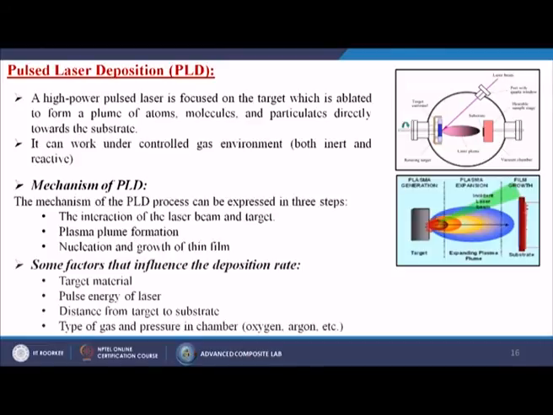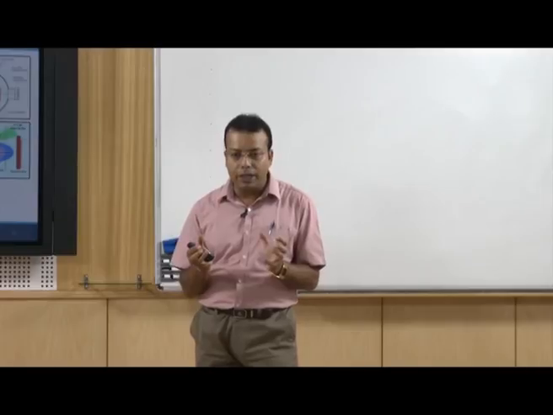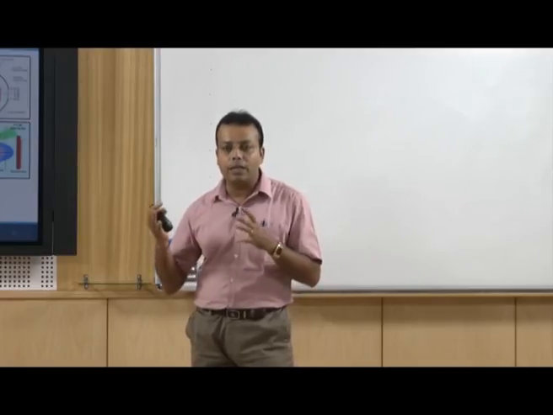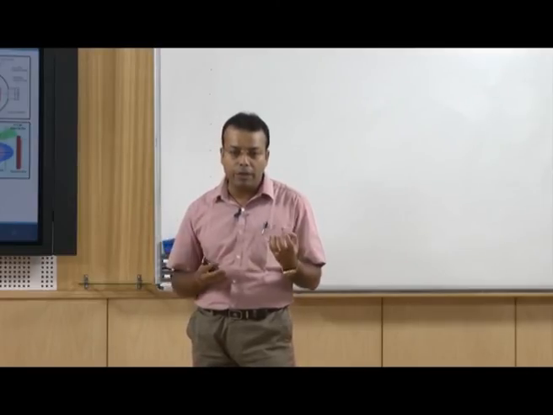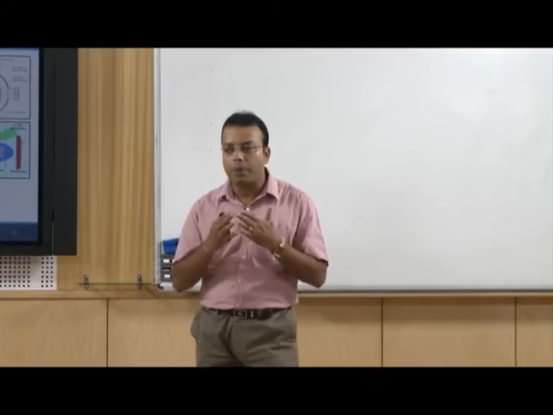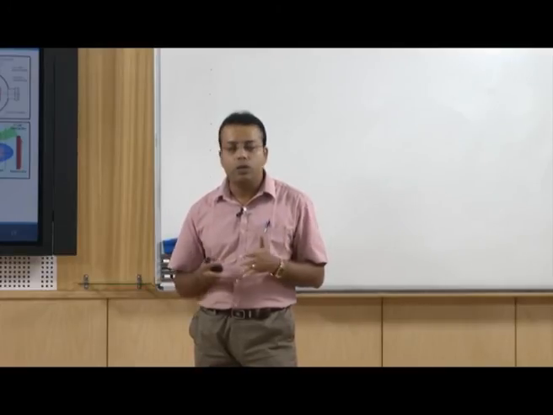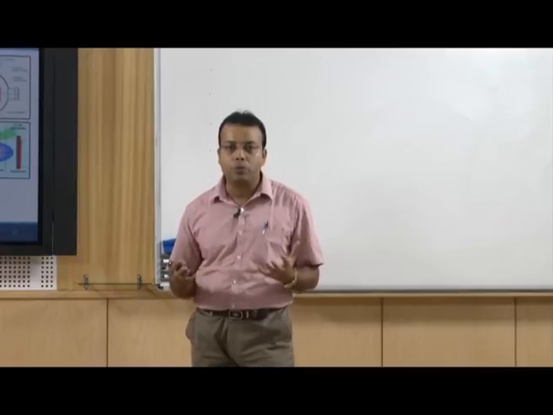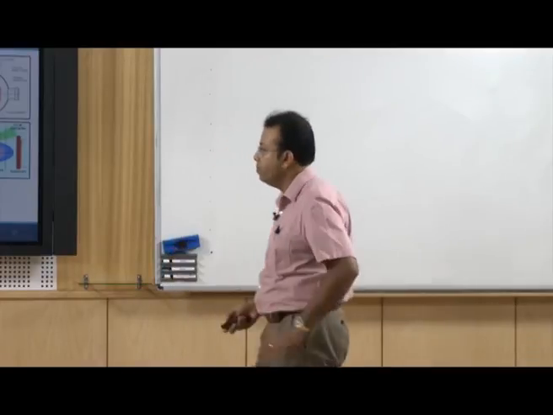Now, how you are going to control your laser depends upon whether it is pulsed, meaning there will be an on or off mechanism, or maybe it will be the continuous one. So, it depends upon what type of source of energy you are going to use.